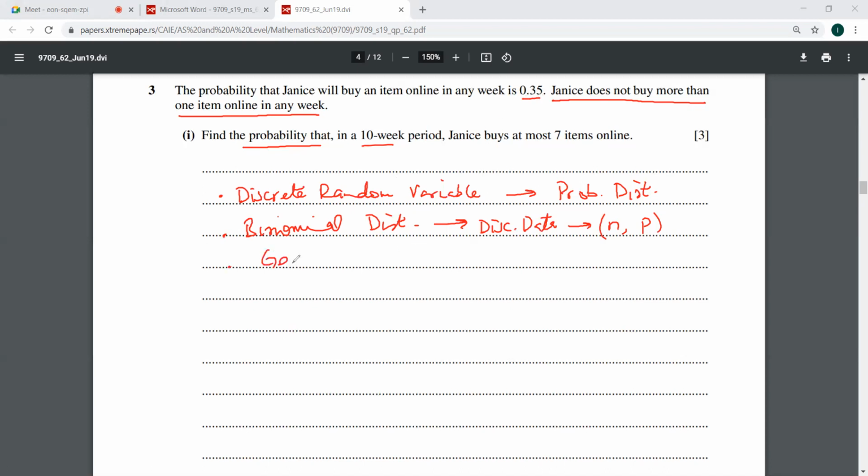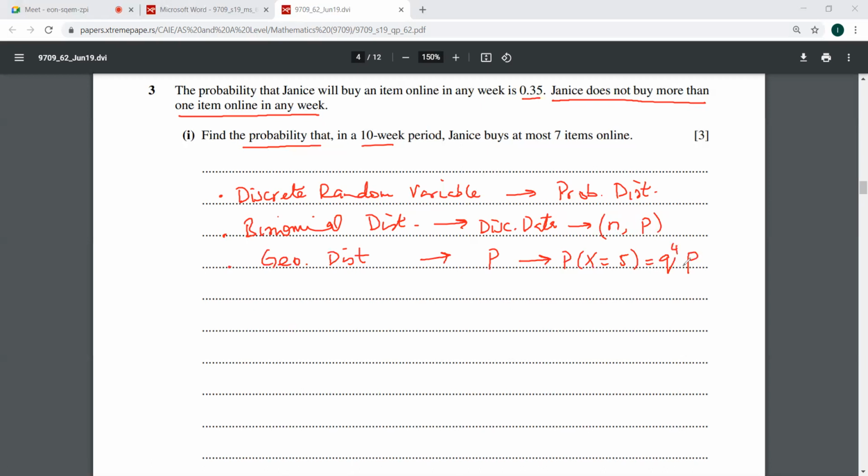Then you have the geometric distribution. Its parameter is simply p, and if the question says, find the probability that x equals, let's say, 5, that means it is the time when the success happens the first time, so that is going to be q raised to power 4 times p.